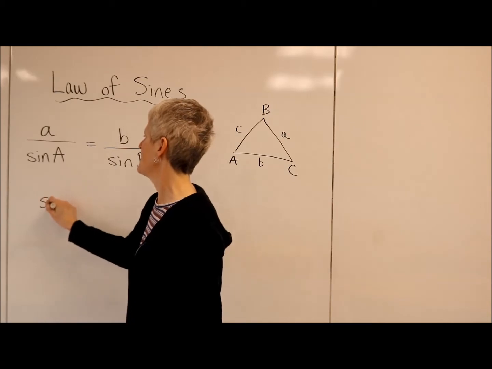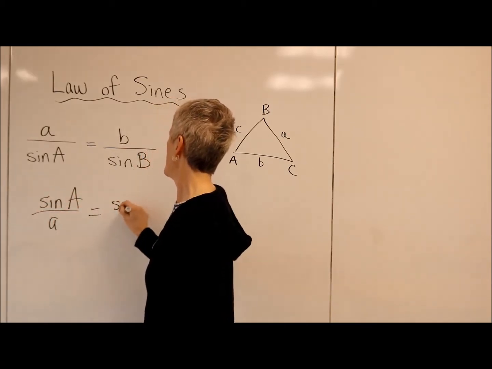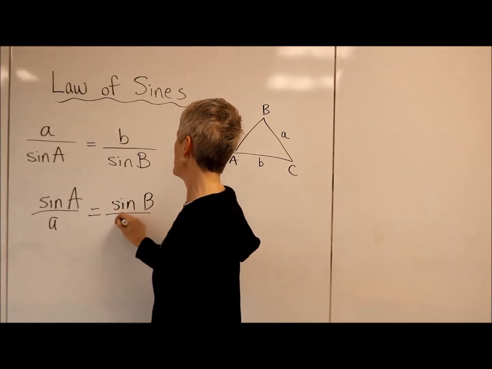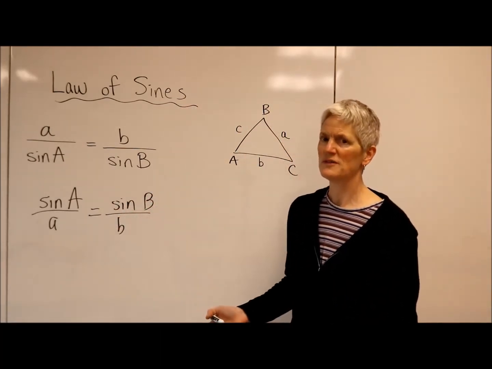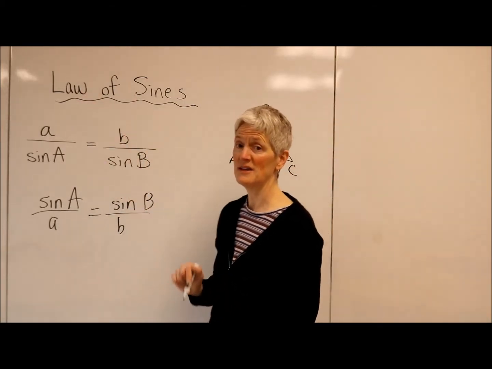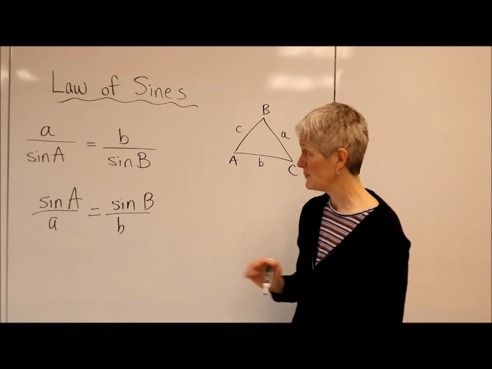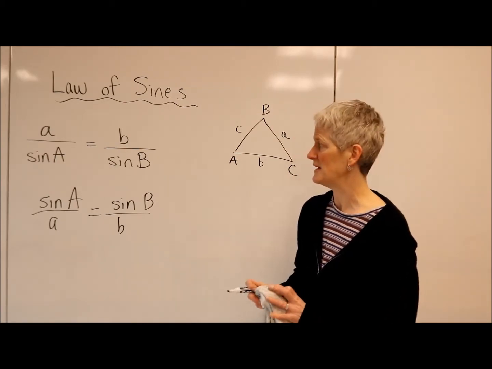Sometimes you'll see it like this, right? If you see the law of sines like that, don't think, oh my gosh, it's totally different. Spend a few moments there, and I think you'll see, especially if you multiply, product of the means equals the product of the extremes, you'll see, oh, these are equivalent. You're going to end up at the same place.